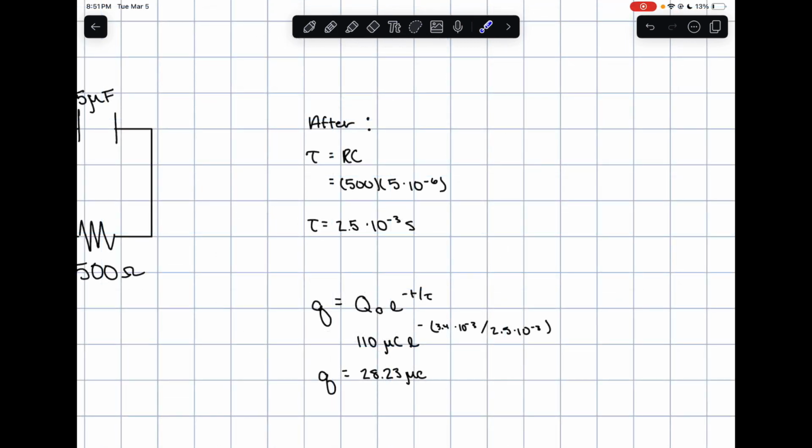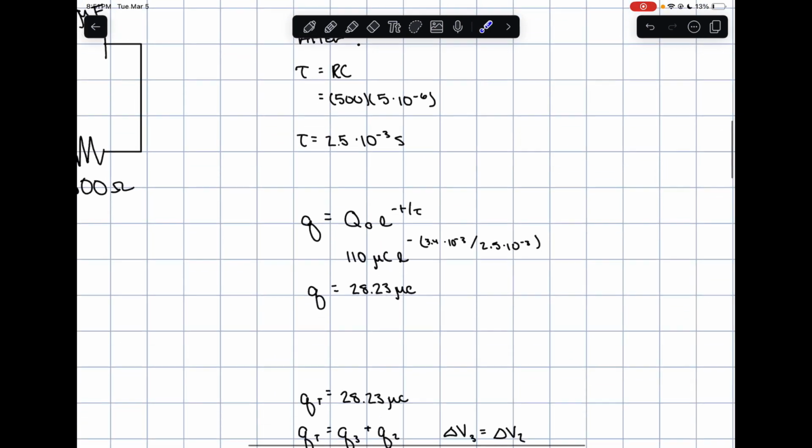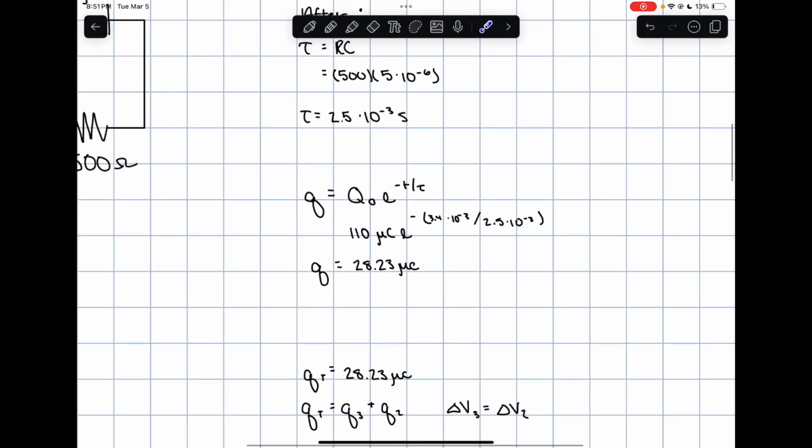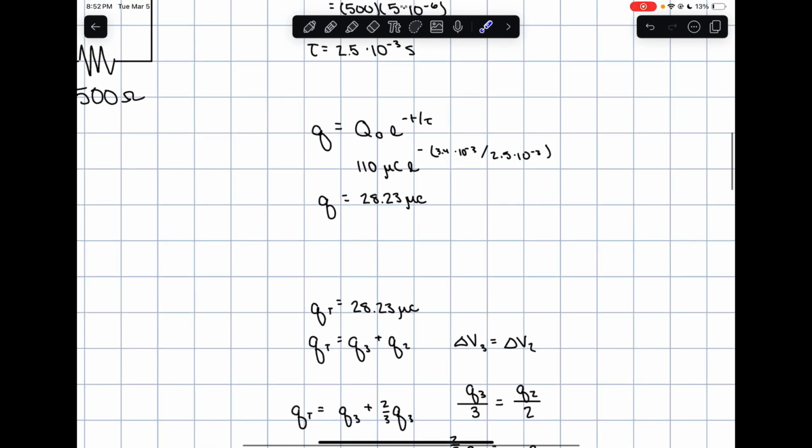However, we must remember that this is total charge. Now, this is where we're going to bring in some more rules of capacitors in parallel. Our total charge should be equal to the charge on the 3 microfarad capacitor plus the charge on the 2 microfarad capacitor. But, as you can see, we have two unknowns, so we're going to need to substitute in. In parallel, though, we know that the voltage on both of the capacitors should be the same.